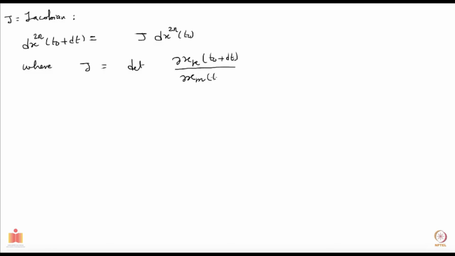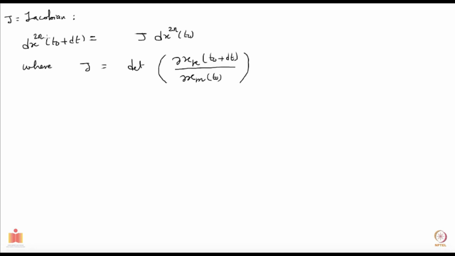So you have to construct the matrix which contains all these partial derivatives. And k runs from 1 to 2n, m also runs from 1 to 2n. So this is a 2n cross 2n dimensional matrix, and you have to find the determinant of this and then multiply it here, which gives you the new volume.